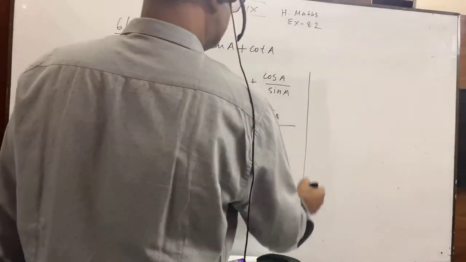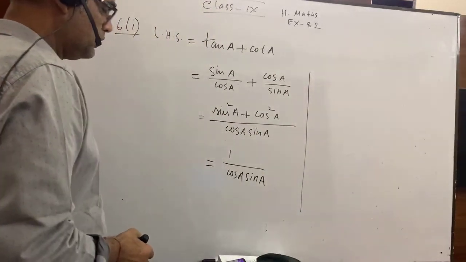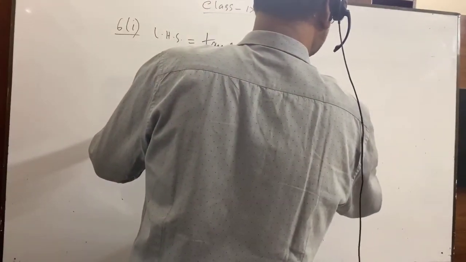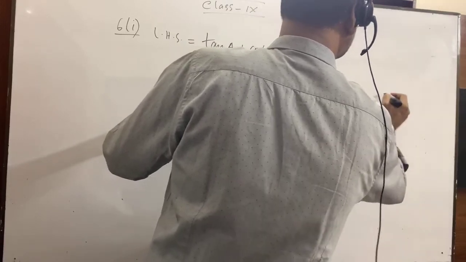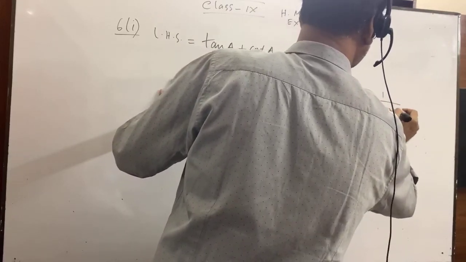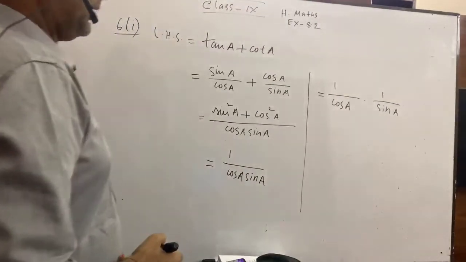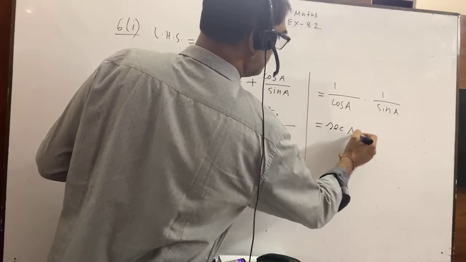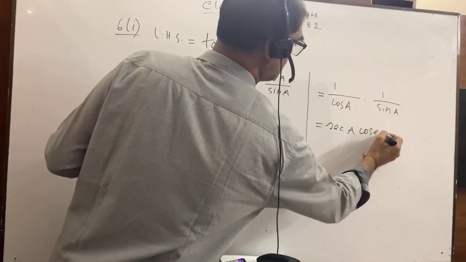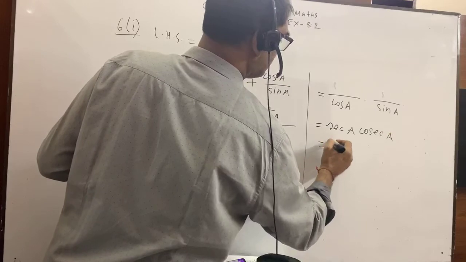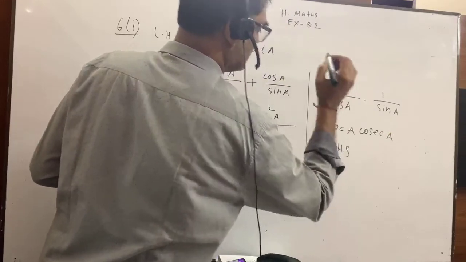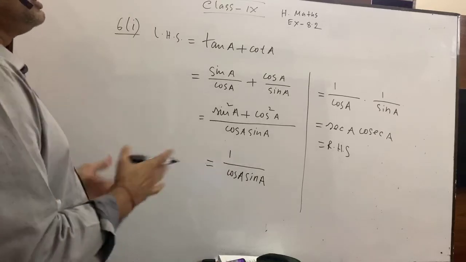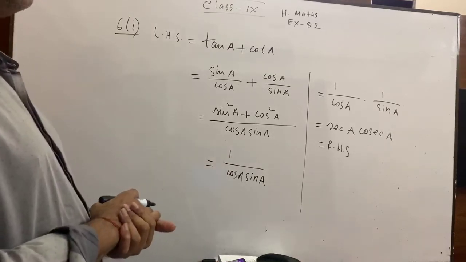After that, as per the requirement of the proof, we can write here 1 by cosine A dot 1 by sin A. Okay, that means it is equal to what? Sec A, and it is equal to cosec A, and our right hand side we have got. So math is done. It is very easy and simple. Okay, it is easier than general mathematics exercise 9.1.